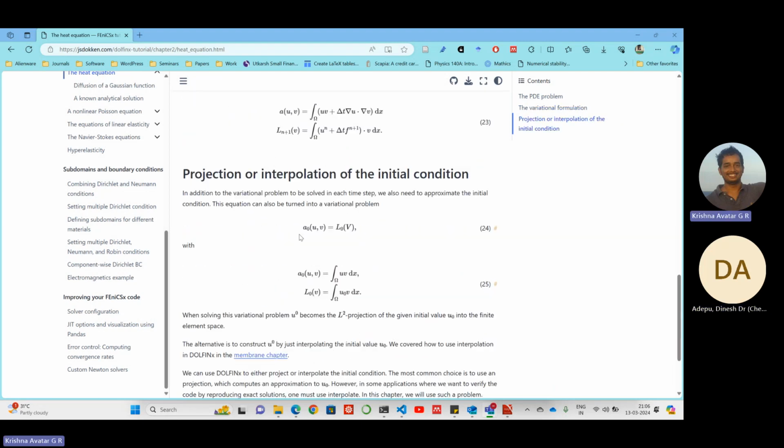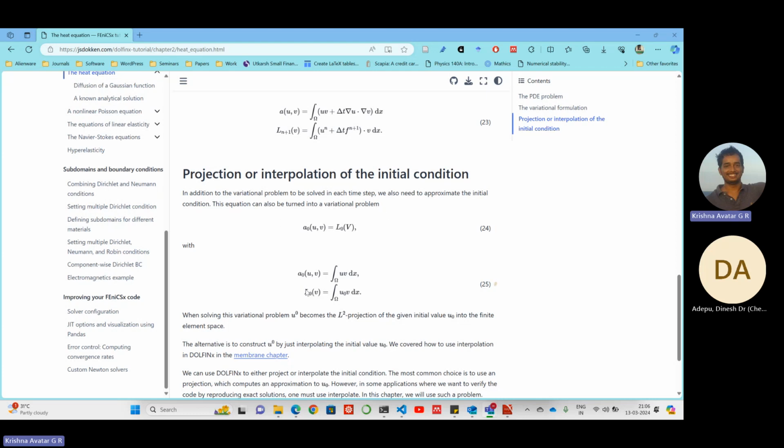And then we have projection or interpolation, since for the initial condition also we need something to start from. Okay. So A0 is the TV. U is here, T here. He just attempts to solve this, but we also need to approximate the initial condition.